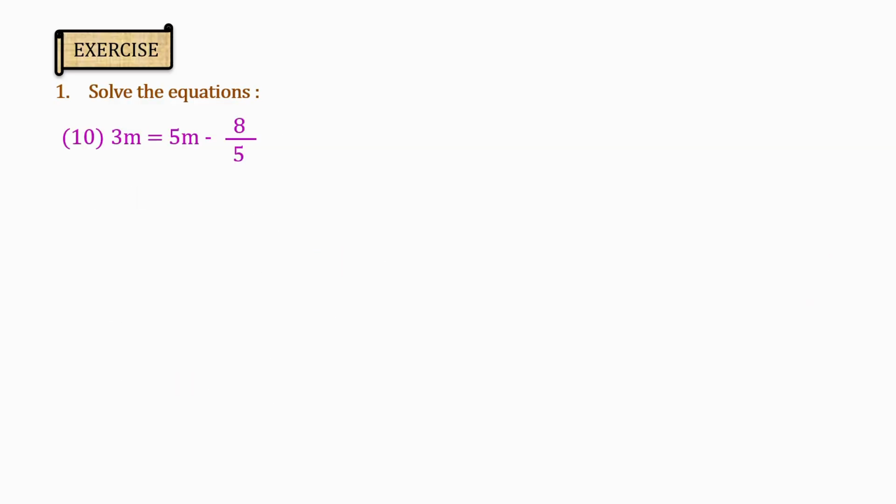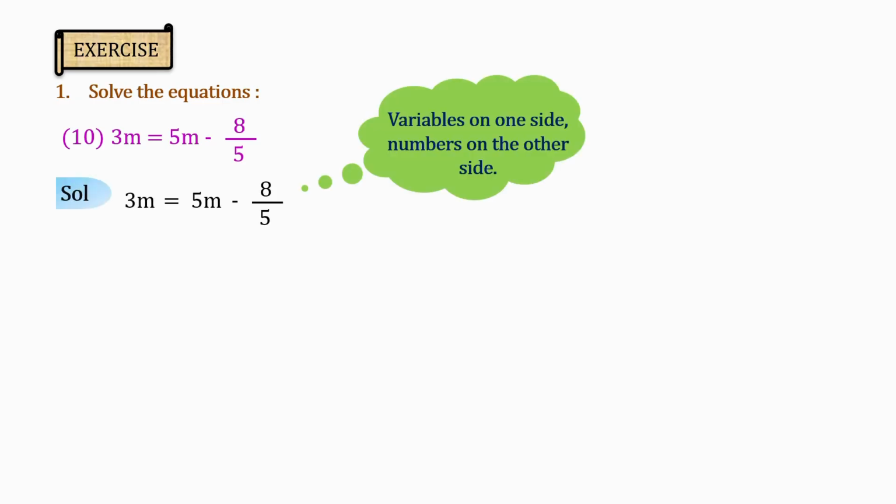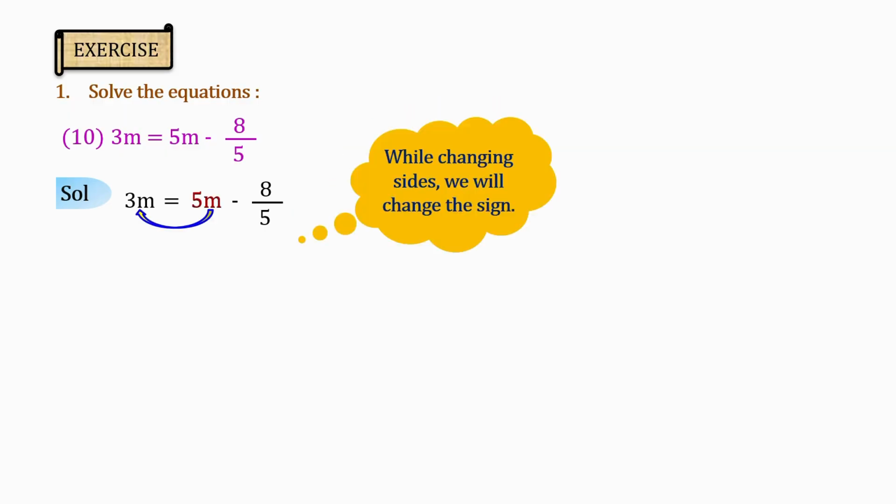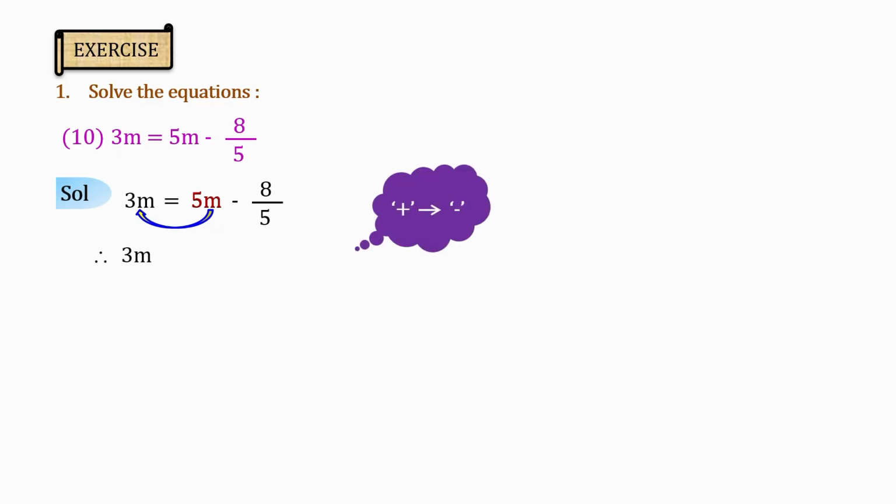Now next problem. 3m equal to 5m minus 8 by 5. So same, variables on one side and numbers on the other side. So we are going to shift 5m to the other side and we will change the sign.